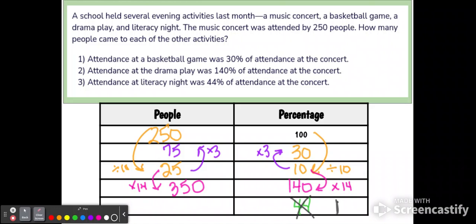And I know that 10 to 1 means I'm dividing by 10. So 25 divided by 10 is going to give me 2.5. And then from that is when I can scale up to 44. So 2.5 times 44 gets me to 110.